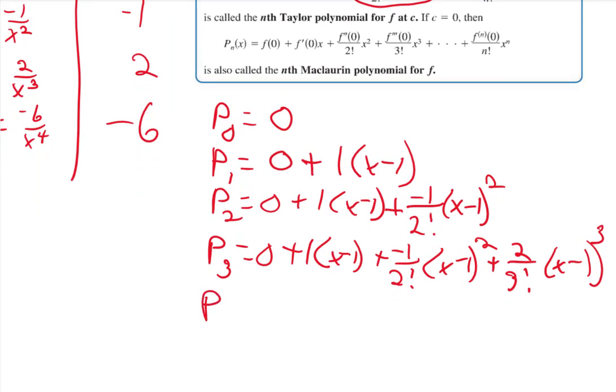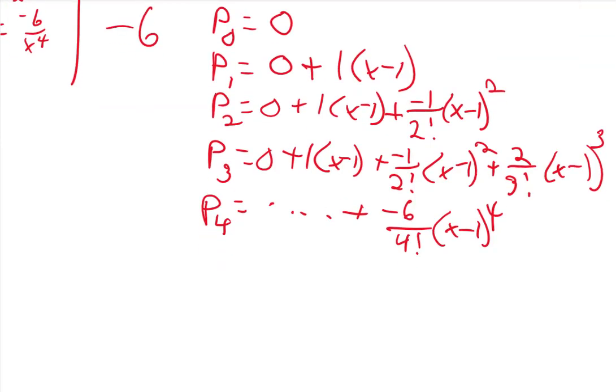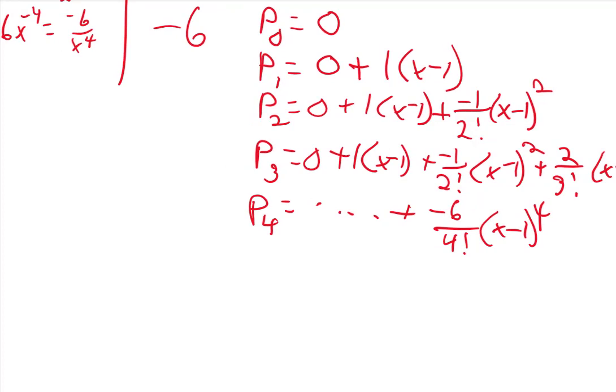And then P4 is going to be the same as P3, so I'm not going to write it down, plus negative 6 over 4 factorial times x minus 1 raised to the fourth. And if you look at that polynomial, that is the Taylor polynomial for the natural log of x. So I'm going to write down the entire polynomial.